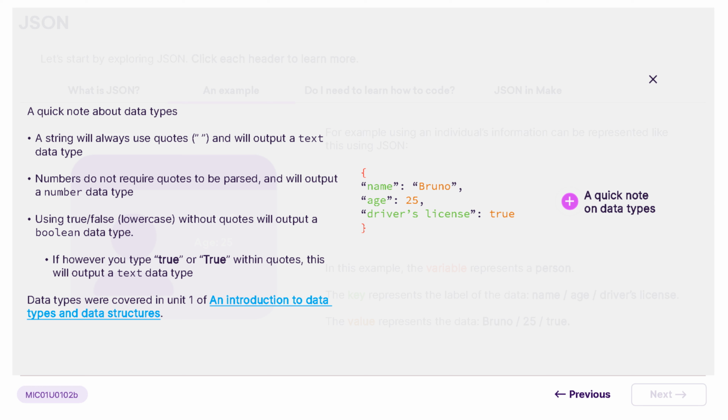Understanding these distinctions is crucial for effectively handling and manipulating data, especially in contexts where data types determine how information is processed or stored. These fundamentals were initially covered in the introductory unit on data types and structures, which can provide additional insights into managing data efficiently.